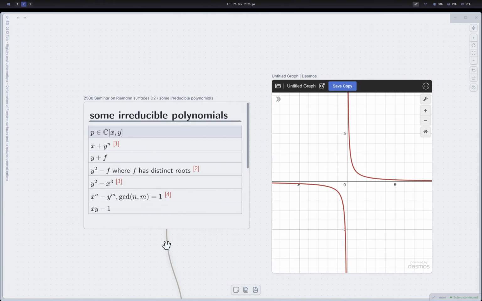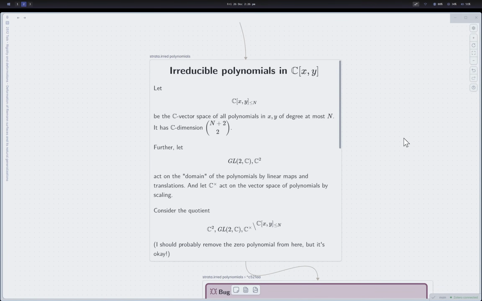Now what I want to do is follow along this idea. A polynomial is irreducible if and only if its translate is irreducible, its scaling is irreducible, and not just translate: if I do a linear transformation on the domain, the irreducible polynomials will still stay irreducible, I think. So ignoring the irreducible polynomials motivation now, what we want to look at is the set of all polynomials of degree at most n.